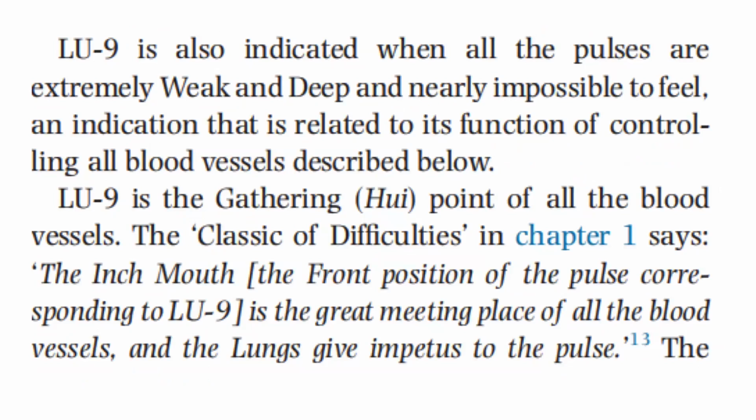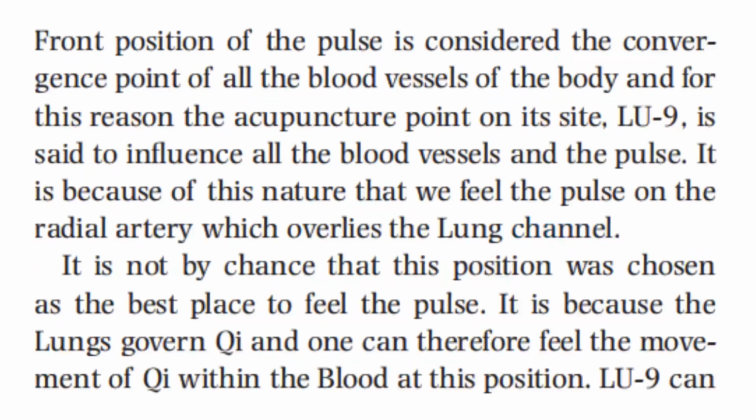The Classic of Difficulties in chapter 1 says, the inch mouth, which is the front position of the pulse corresponding to Lung 9, is the great meeting place of all the blood vessels, and the lungs give impetus to the pulse. The front position of the pulse is considered the convergence point of all the blood vessels of the body, and for this reason, the acupuncture point on its site, which is Lung 9, is said to influence all the blood vessels and the pulse.